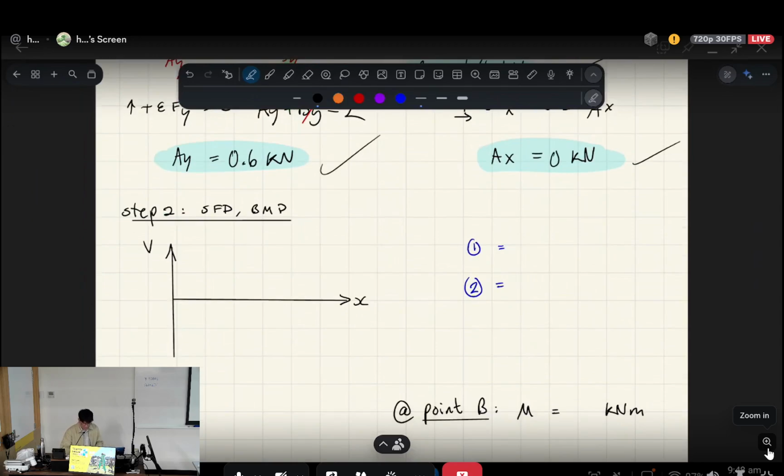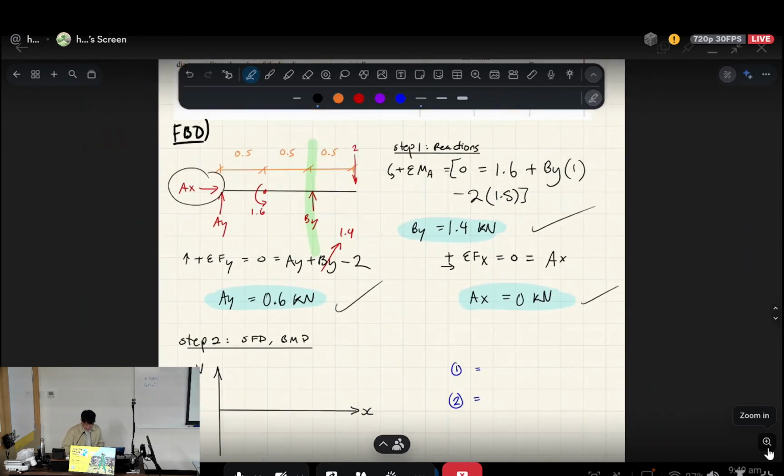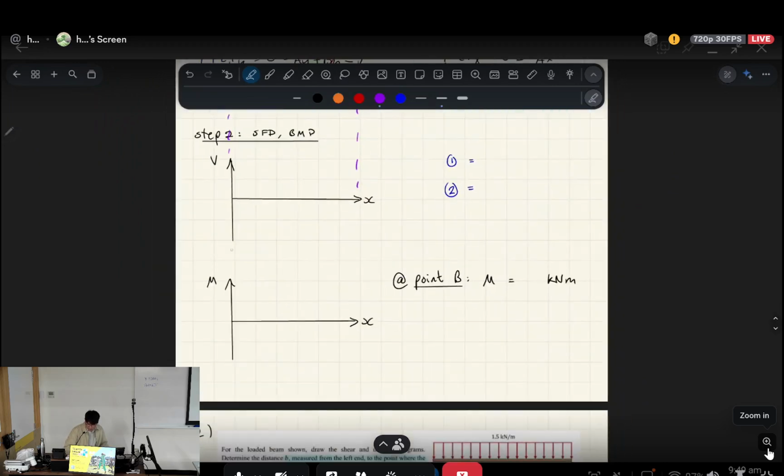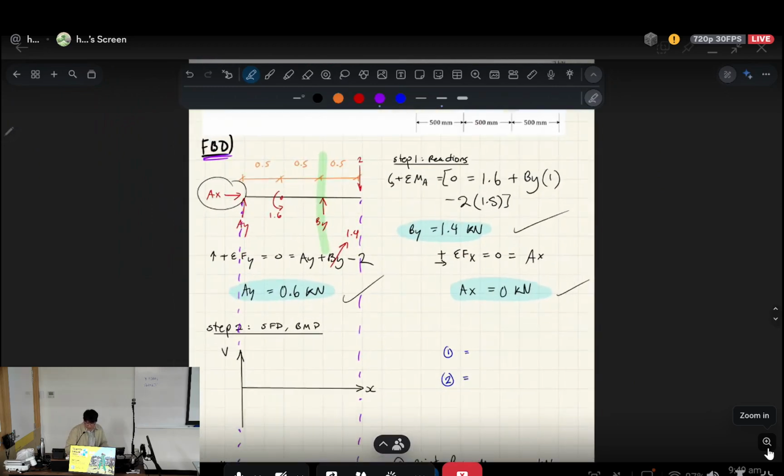What is new content is graphing the internal shear and internal bending moment. Okay, the first thing I want to note before we do anything really is kind of standard notation or kind of like good habits for working out. It's that if you got your free body diagram, you kind of want to align the free body diagram, the shear force diagram, and the bending moment diagram in terms of its x-axis, right?